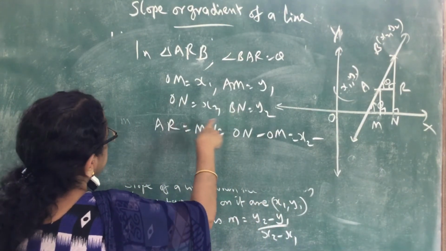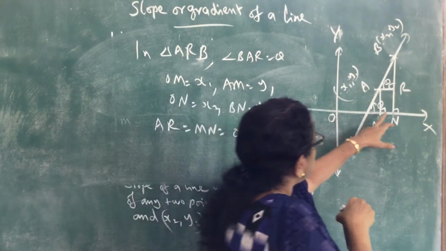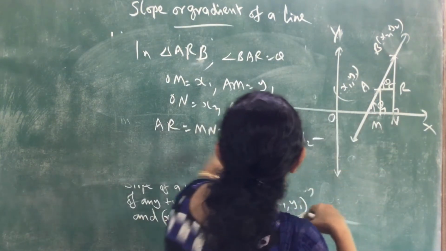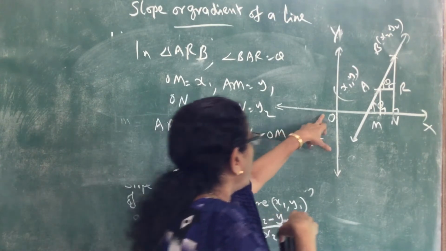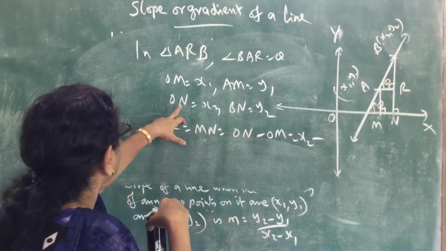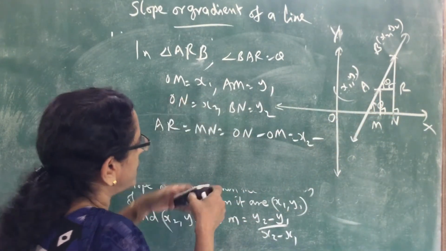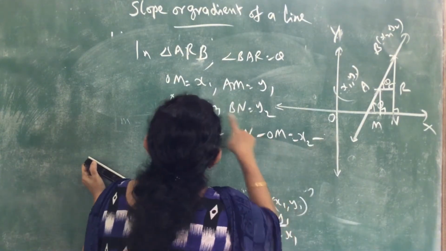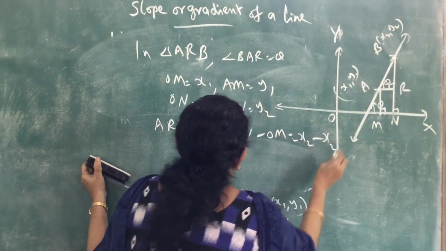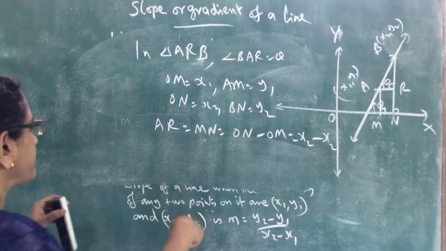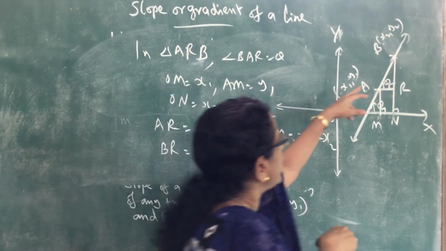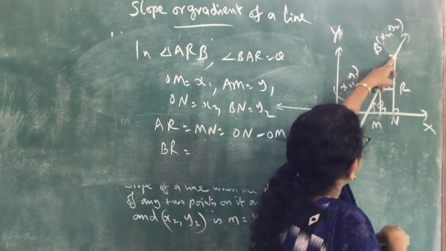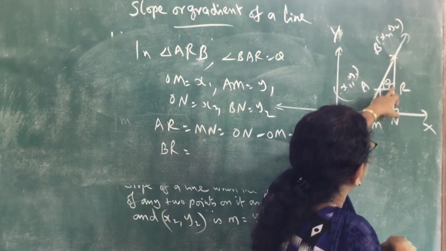What is MN? We are finding MN. MN equals ON minus OM. ON is x2 and OM is x1, so MN is x2 minus x1. Similarly, what is BR? We want to find BR. This BR is the same as BN minus RN.